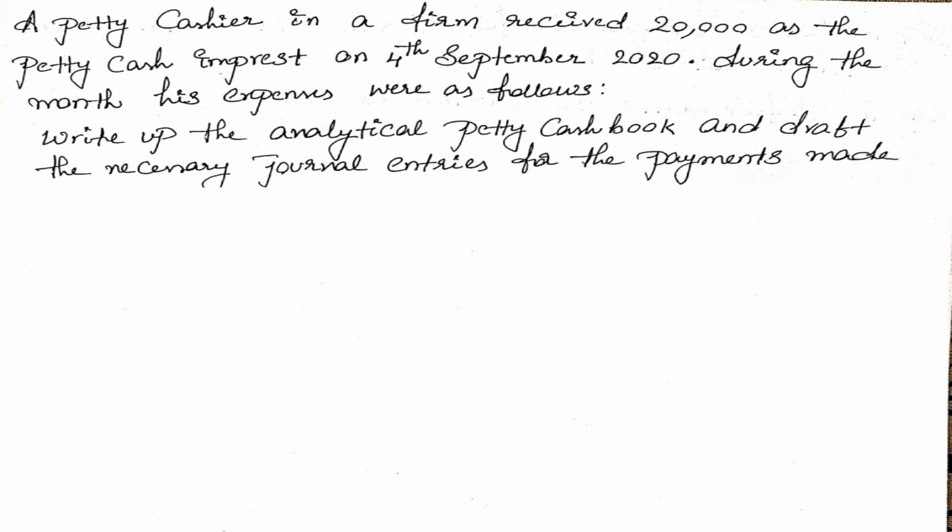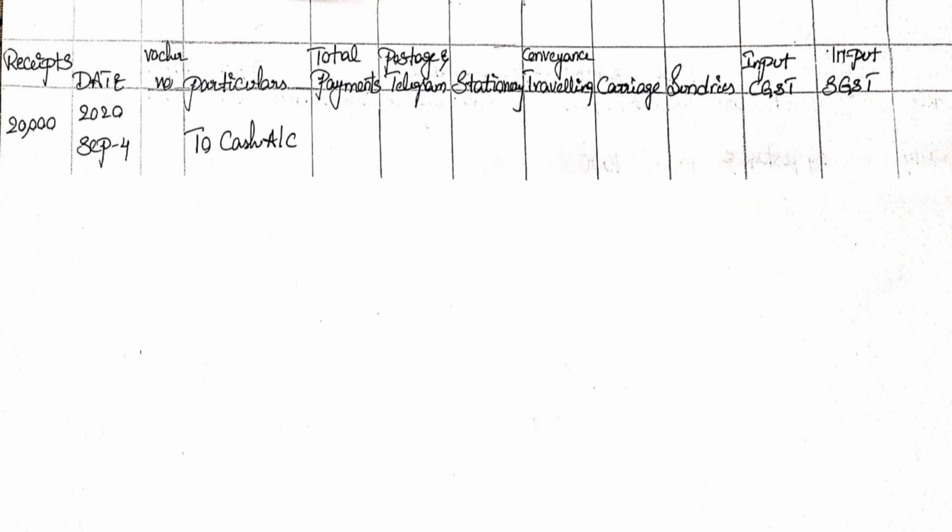So here the petty cashier has received an amount in advance for maintaining petty cash account, that is 20,000. So this is considered as opening balance. To record opening balance, we will write to cash account in the particulars column and mention 20,000 in the receipts column, and the date is September 4th.